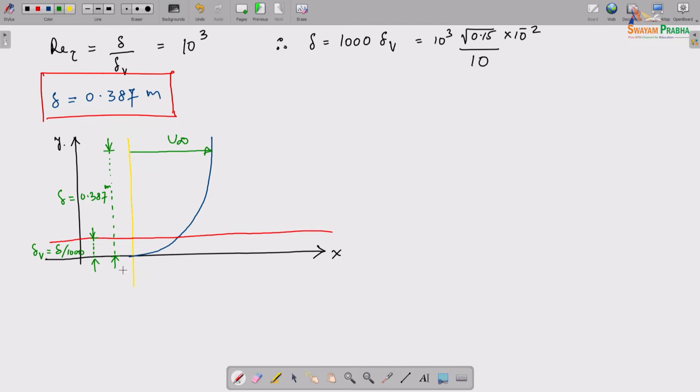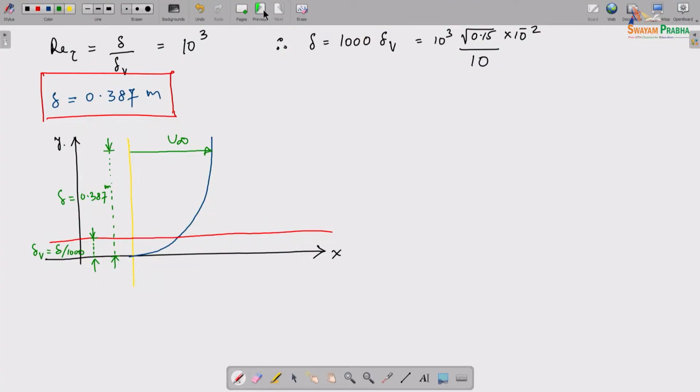For that particular layer, the inner viscous layer, the viscous sublayer, we calculate separate length scales, velocity scales, and the Reynolds number. Which is what we did just now.